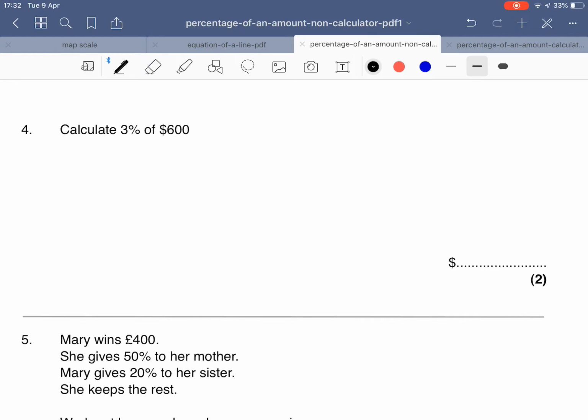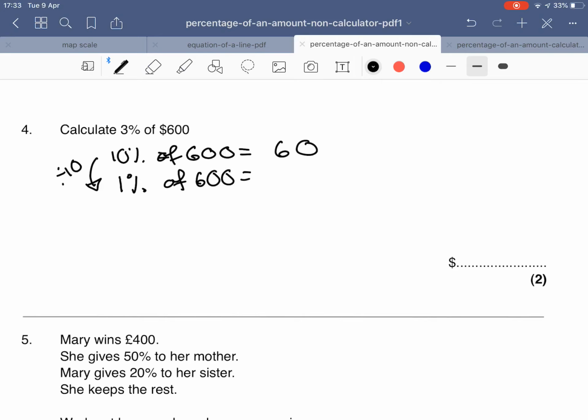Calculate 3% of 600. So if I know that 10% of 600 is 60, I can also find 1% quite easily by dividing that 10% by 10. So to find 10%, you divide by 10. To find 1%, you would divide by 10 again.